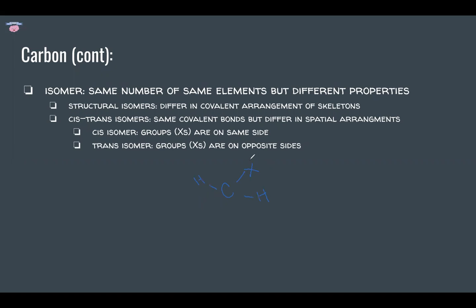If it has an X over here, which is basically a group, like it can extend forever basically, but X is just a molecule basically. And an X over here, this is trans because the X's are on opposite sides. But if we had something like this, H over here, H over here, X over here, and X over here, then this would be a cis isomer. And these would be isomers. They have the same number of the same elements, but it's cis-trans because they differ in spatial arrangements.